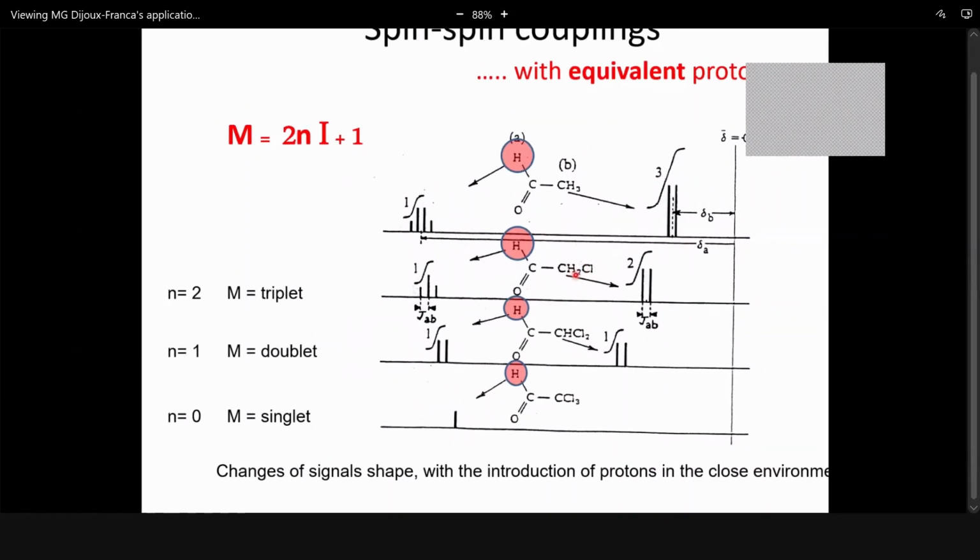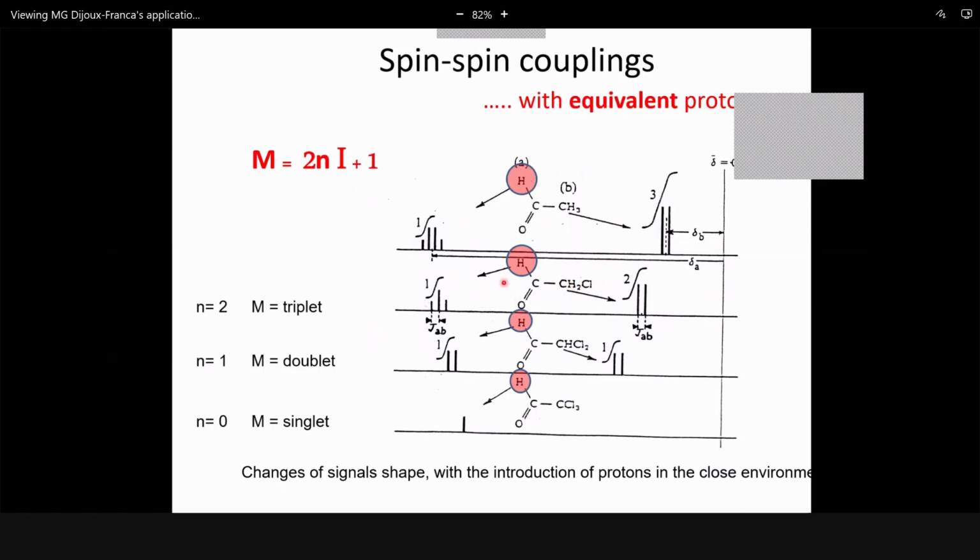and we add another proton on the structure, you see that if we consider the aldehyde proton, this proton is submitted to the interference of two other protons, so n equals 2, and the multiplicity is a triplet. That means that I have 3 lines. And on the other side, the two protons here have the same kind of environment, so they are called equivalent.